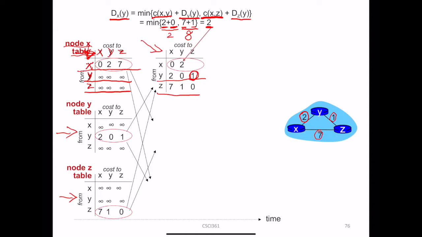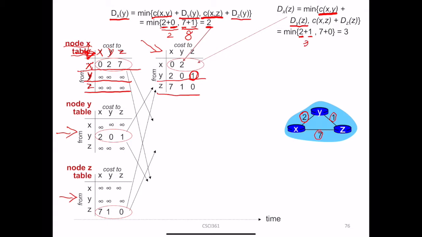And then we continue to check the distance from X to Z. Again, we check all the possible paths. First, from X to Y is equal to 2, and from Y to Z, we know it's 1, which is here. The result is equal to 3.